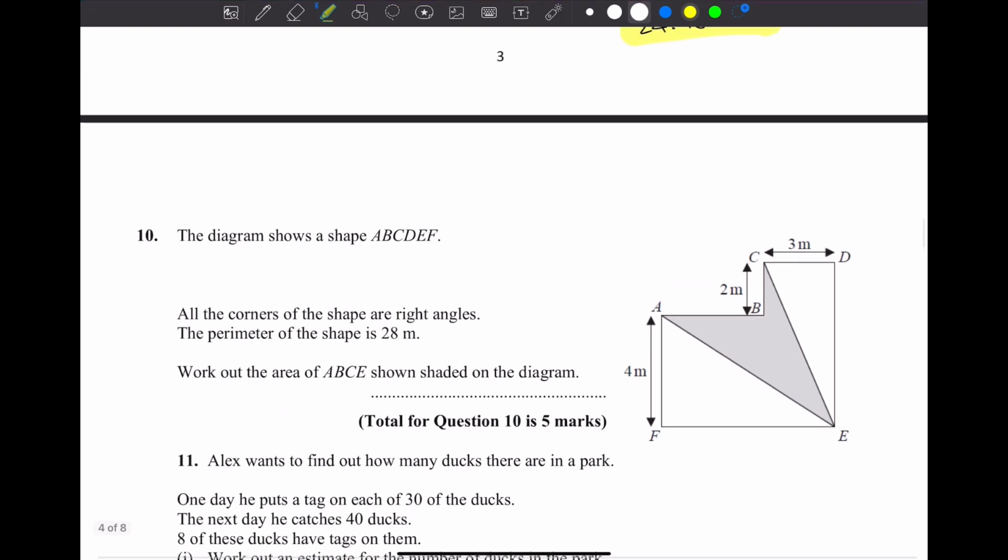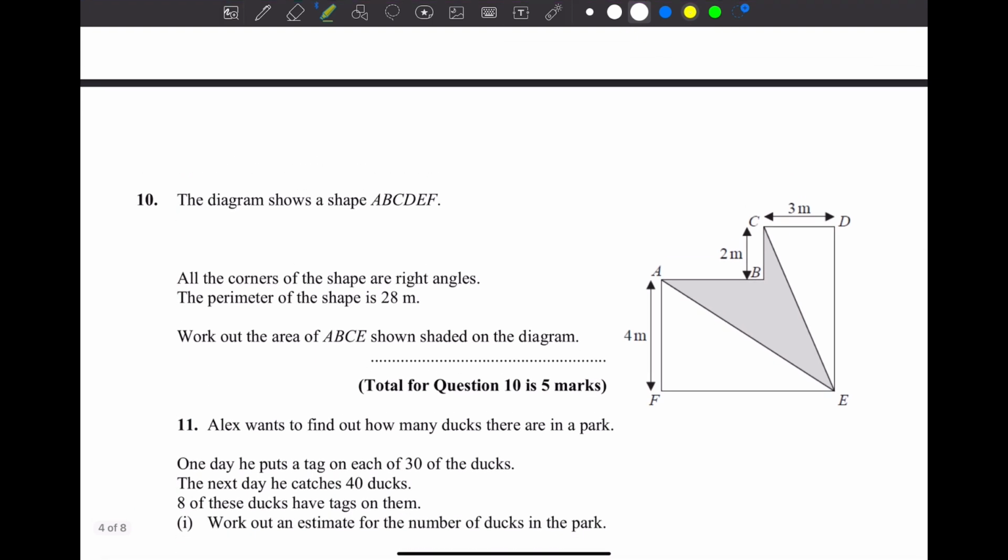Next one, the area of the shaded diagram. Okay, so we can work out the area of the L shape. If you look at the L shape here, there you go. That's a 4, that's a 2, that's a 3, and the perimeter of the shape is 28.